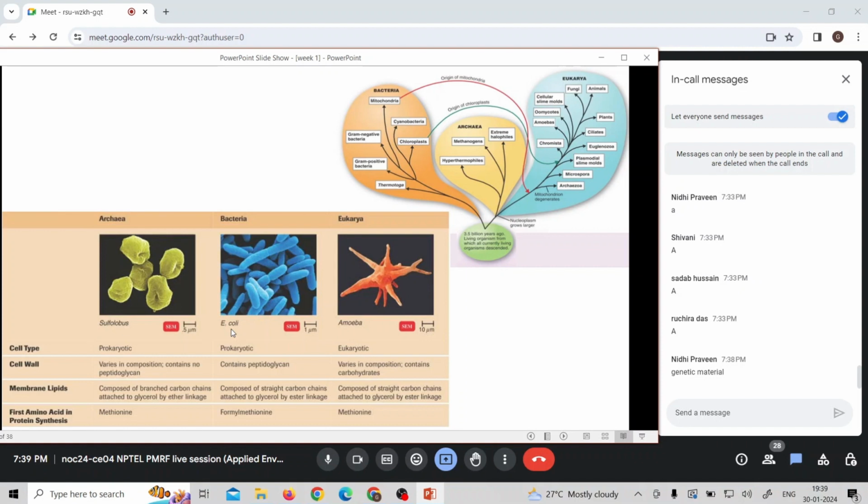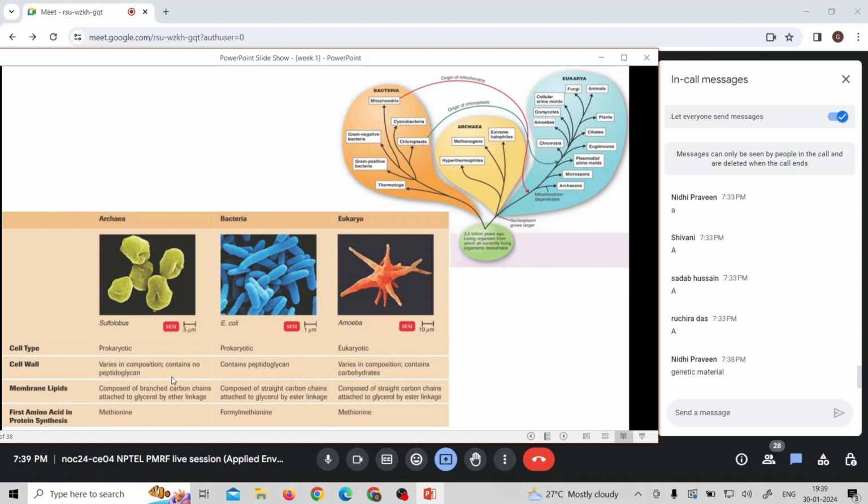People from a science background in their schooling would obviously have heard about amoeba. That is an example of a eukaryote. The basic difference is that, as we all know, archaea and bacteria fall under the prokaryotic category, whereas eukarya are eukaryotic, obviously.